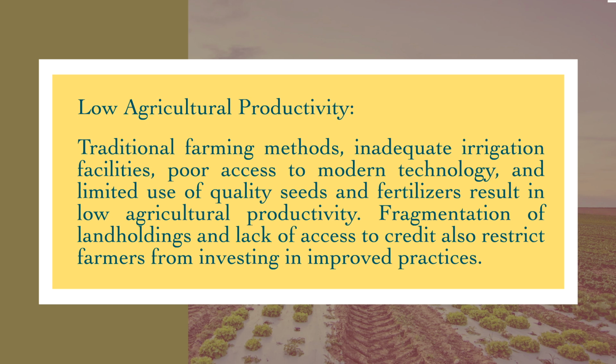Then there is poor access to modern technology, and limited access even to good quality seeds and fertilizers, resulting in lower agricultural productivity. Further, fragmentation of land holdings and lack of access to credit also restrict farmers from investing in improved agricultural practices.